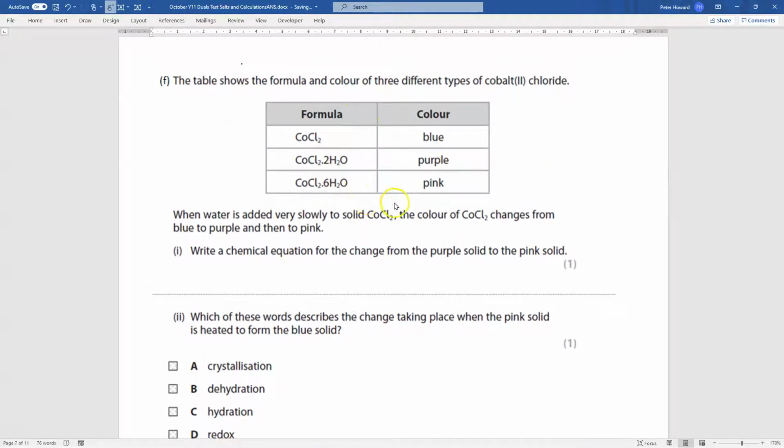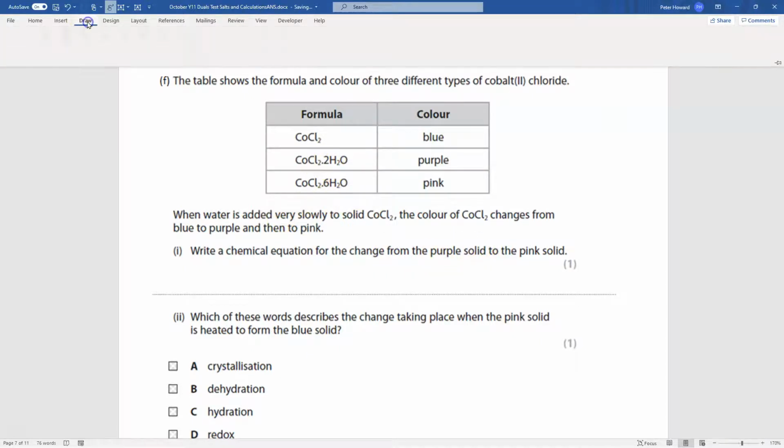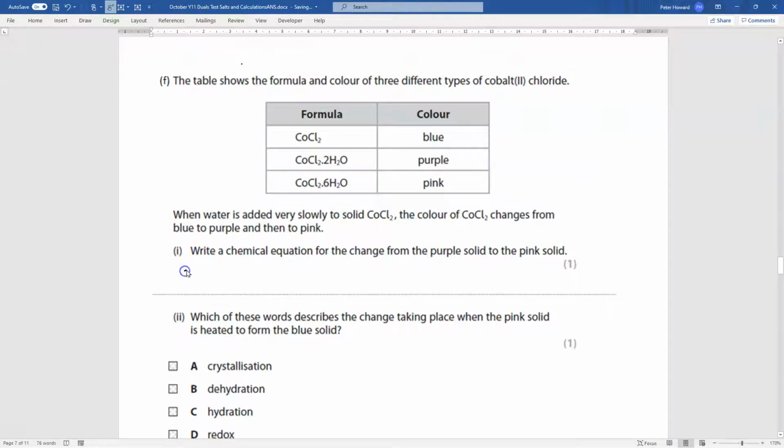Three different colours, write an equation. It says water is added slowly to this. The colour changes from blue to pink, so blue to purple and then to pink. Write down the chemical change from a purple solid. So let's see what the purple solid formula is. So purple solid CoCl2.2H2O.